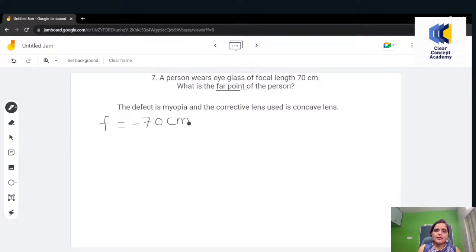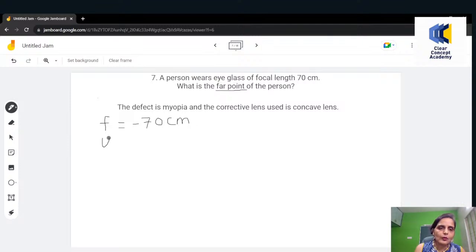Now when they are asking you about the far point of the person who's wearing corrective lenses, this far point is nothing but the shifted far point. And shifted far point is denoted by the image distance v. So for us to find is image distance v, and the object distance in case of myopia is always the far point of the healthy eye, which is infinity.